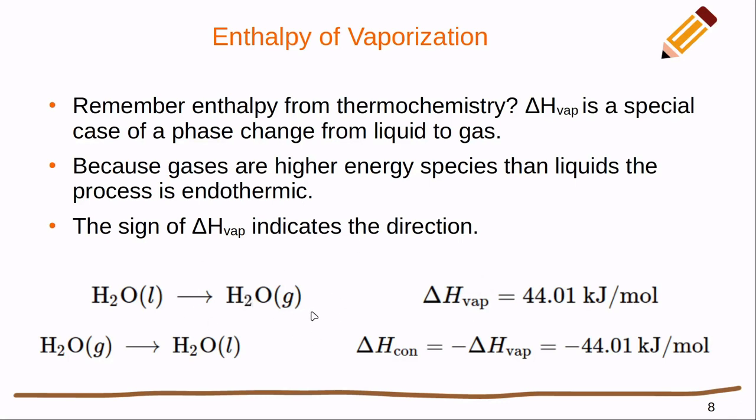Because gases are always higher energy than liquids, the enthalpy of vaporization is always an endothermic reaction, and it's always going to be positive. However, the reverse of this is just going to have a different sign. So the enthalpy of condensation is going to be the negative of the enthalpy of vaporization.